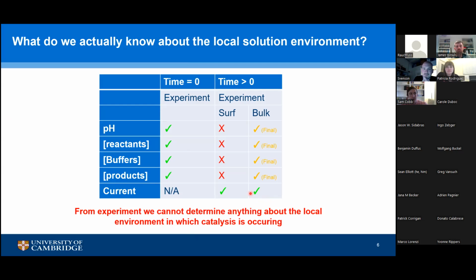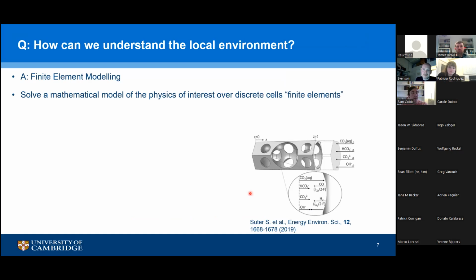So how do I do a talk about local environments if we can't understand them? My answer to this, and there are other answers, but the one I'm going to talk about today, is finite element modeling. The concept of using computational modeling to solve a mathematical model of our system over discrete cells or finite elements.